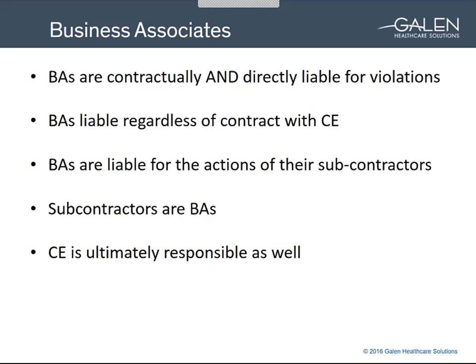Because you are ultimately responsible for the decisions that you make with regards to who you do business with, and that responsibility will bubble up in terms of violations and breaches of PHI, your organization can be held liable from a financial point of view and generally a legal point of view for the actions of your business associates if it's shown that your inaction or lack of due diligence in some way contributed to that business associate's breach.